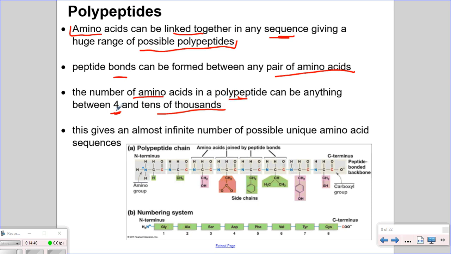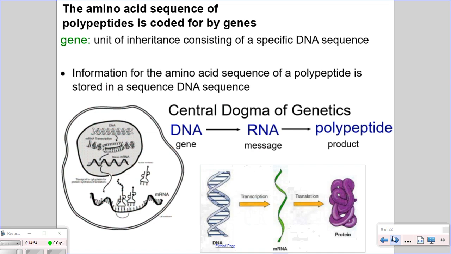But the fact that you have such a huge range, and it can be any sequence of amino acids, gives almost an infinite number of possible unique amino acid sequences. And so the sequence of amino acids is going to be important for that particular polypeptide. A particular polypeptide or a particular protein will have a unique amino acid sequence.